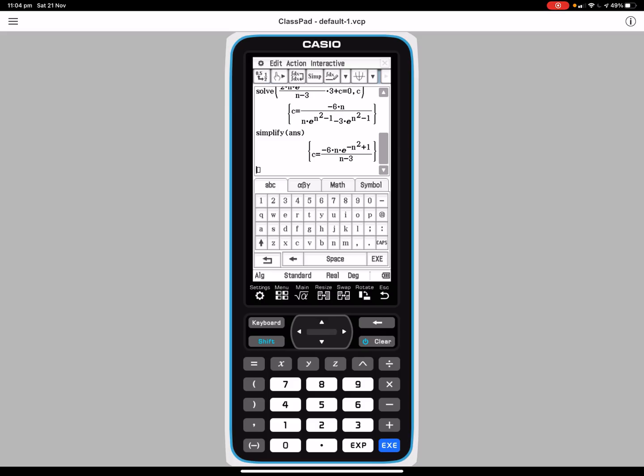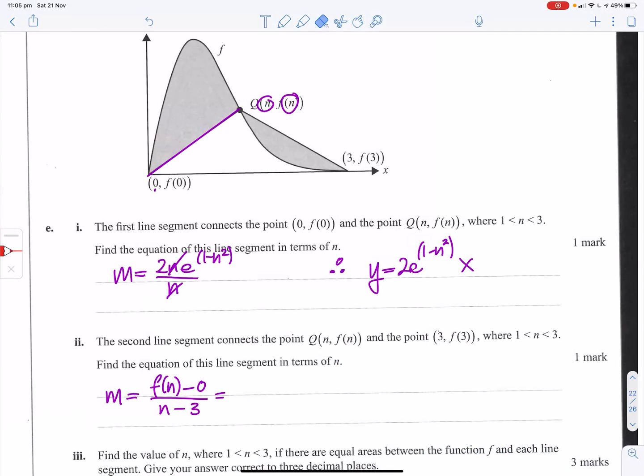Okay, this isn't very nice, but so we've got 2n e to the negative n squared plus 1. y is equal to 2n e to the negative n squared plus 1 x, both of them I saw were divided by n minus 3.